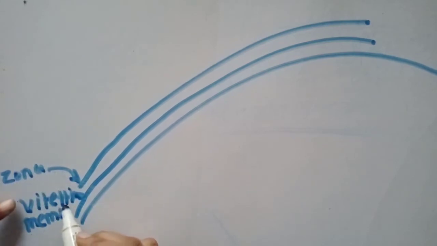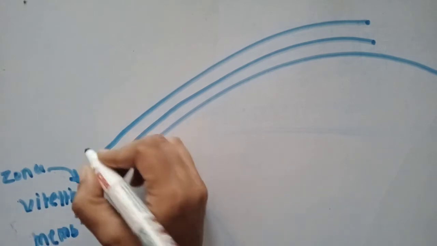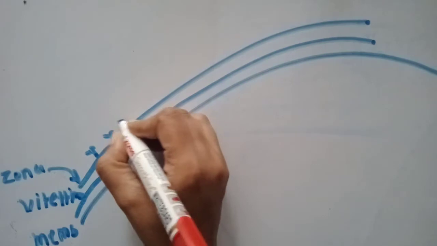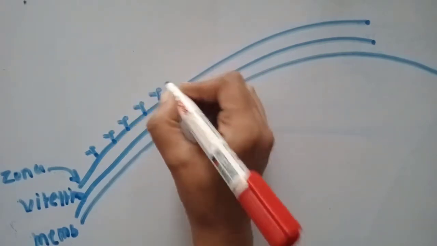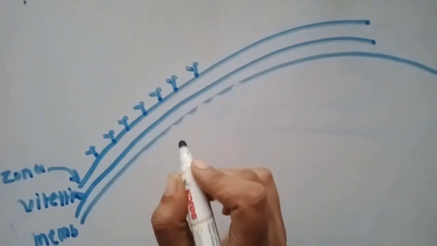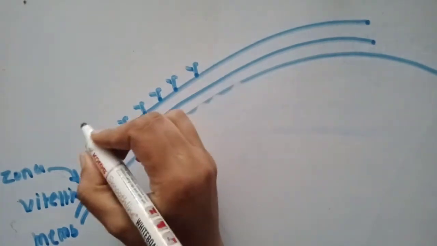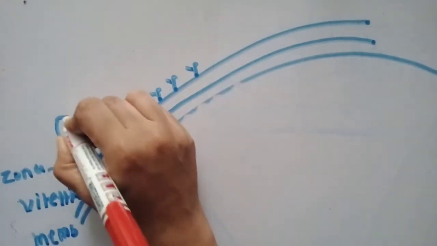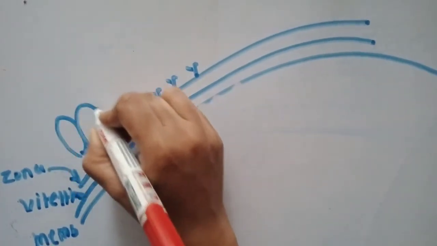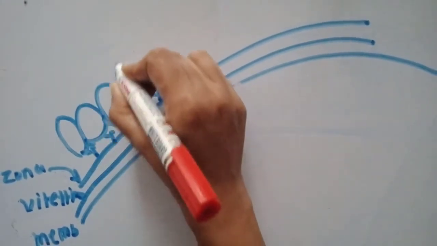On this zona pellucida some receptors are there; we will see their functions later on. Surrounding the zona pellucida, there is the corona radiata, like this.